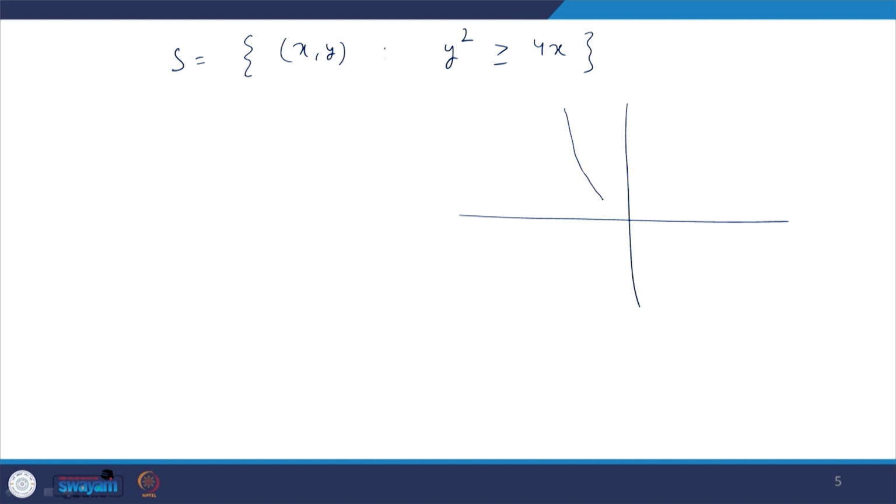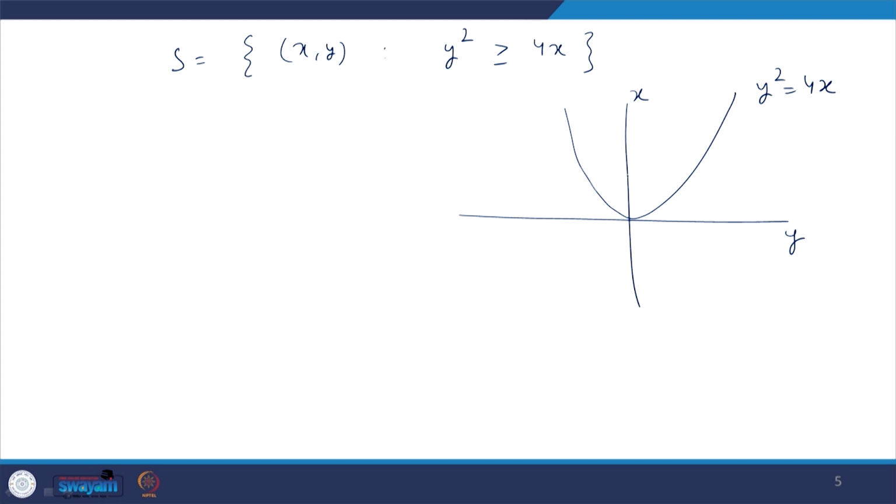So, you draw a parabola. So, this is y square equal to 4x. Okay. So, this is basically x and this is y. Okay. So, if you take it in this way, then it is okay, because it is symmetrical about the x axis. So, it is y square equal to 4x.